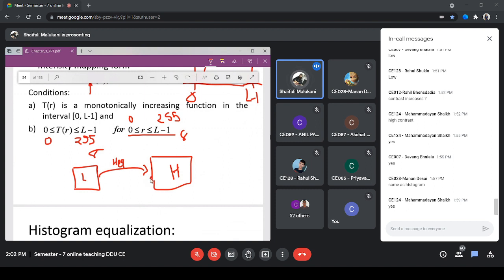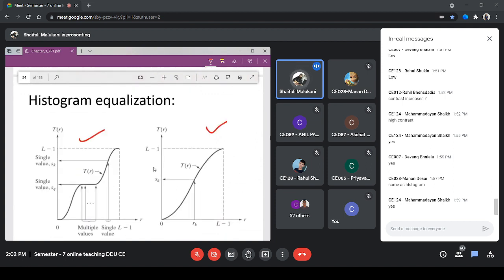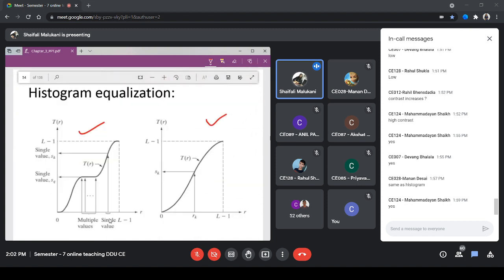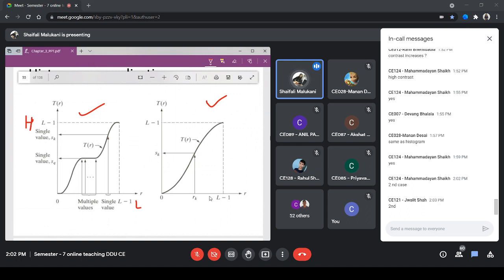Now, if I want to go back and see what my original one was, in which of these two cases will that be possible? In the second case.